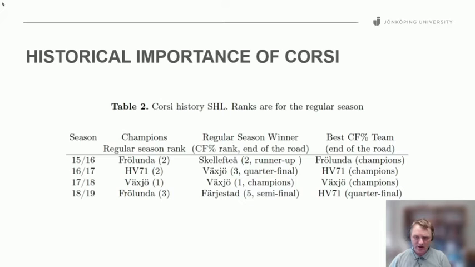However, we can see an interesting pattern where the best Corsi team also became the champions in 3 years out of the 4. This could then be compared to, for instance, the regular season winner, which could end up as the runner-up or in the quarterfinal, once they were the champions, but then they were also the best Corsi team.